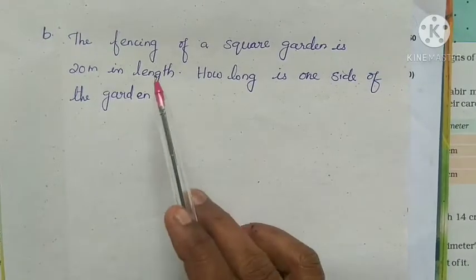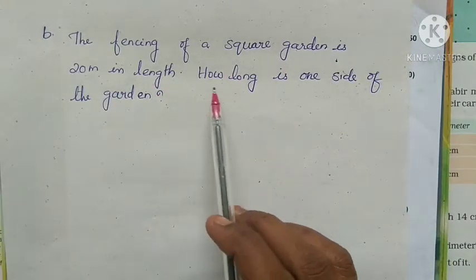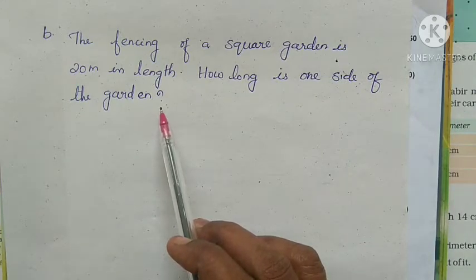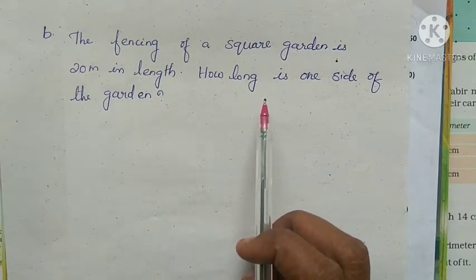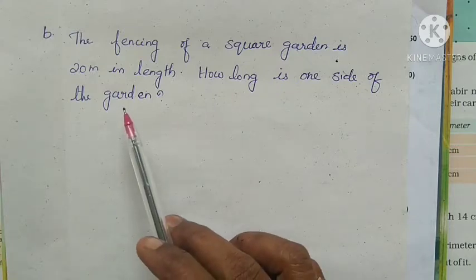So the next question: the fencing of a square garden is 20 meter in length. How long is one side of the garden? So we needed to find out one side of the garden.